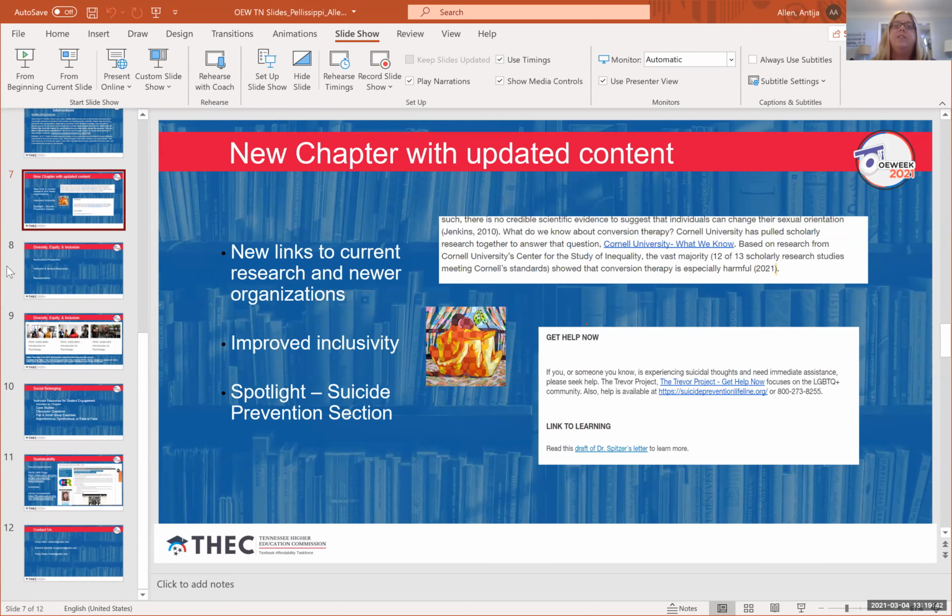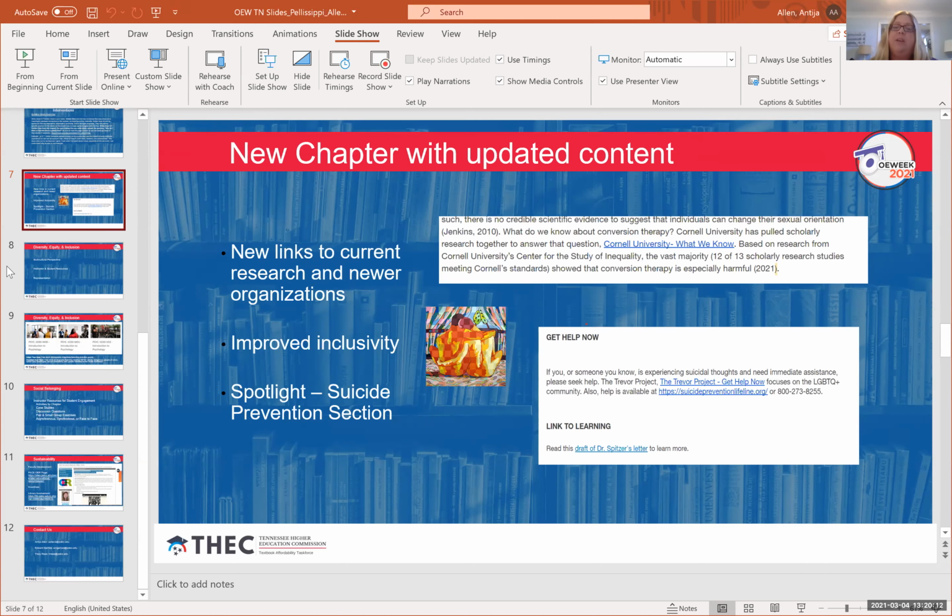So we are pulling that content out of the original chapter and making a whole new chapter on gender and sexuality. Within that new chapter, we're editing and including updated information. Most of the sources I had noticed were about 10 years old, and there's been a lot of research in gender and sexuality in the last 10 years.